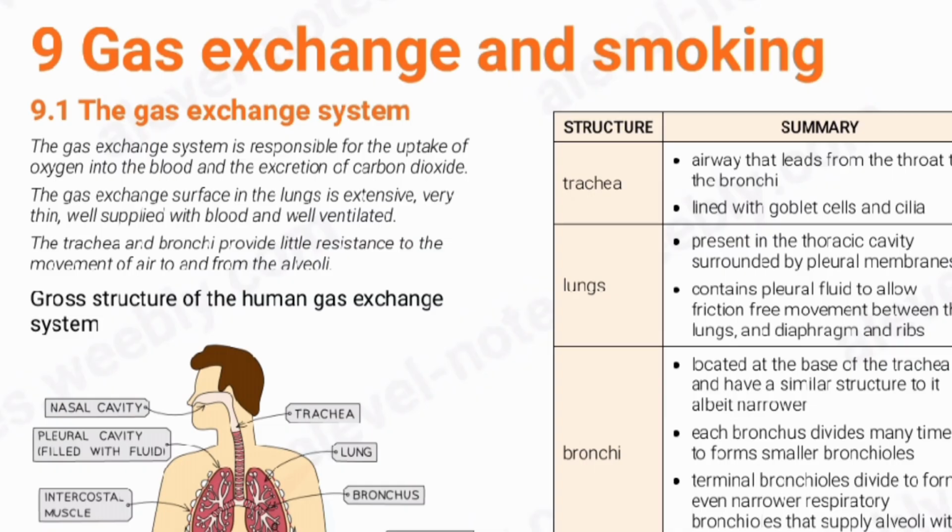Then we have the chronic, chronic is for the long term. This leads to obstructive pulmonary diseases such as asthma, chronic bronchitis, and emphysema, which are now common in many countries.